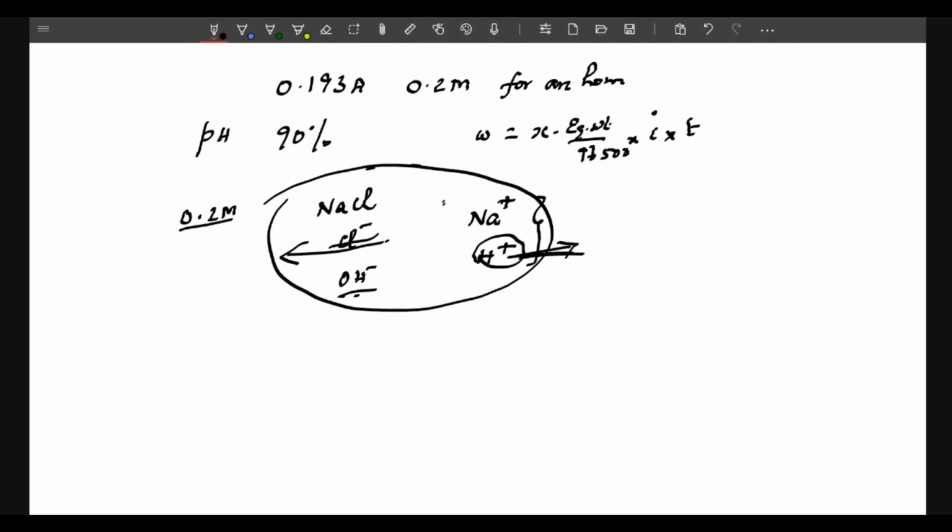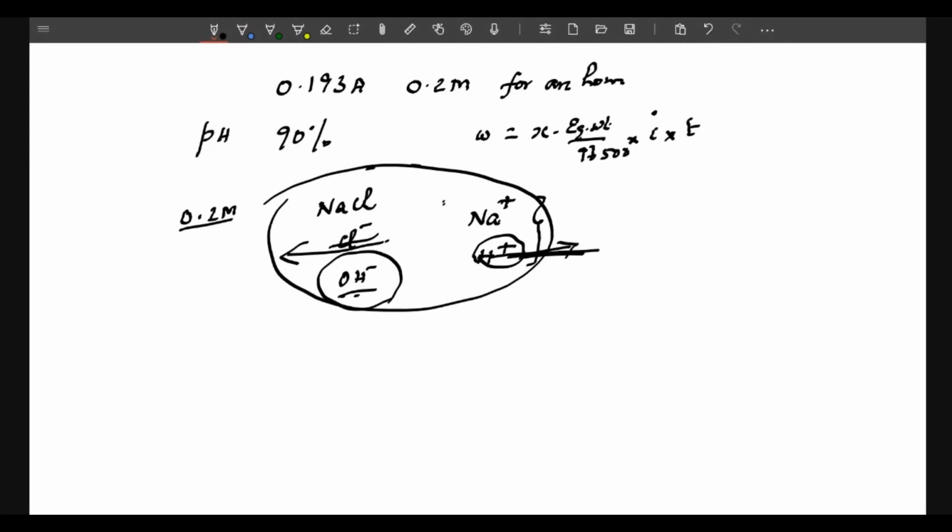Sir, how do we find out the pH of the solution? Here the H+ ions are converted into hydrogen and it is evolving out. But the concentration of OH- ion is increased. How much amount of OH- ion would be increased?